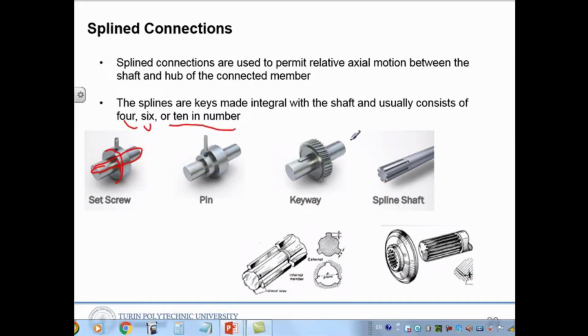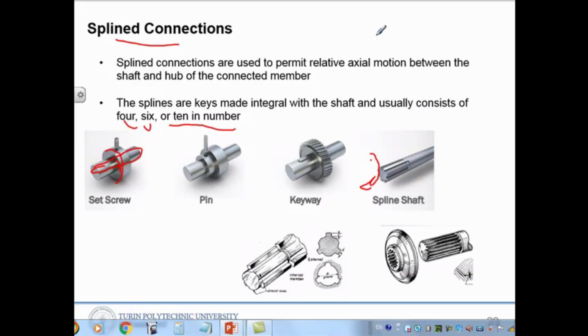We use this when, during the motion, we would like to transfer the motion to another part. Spline connections are used, for example, in car transmissions or car gearboxes.